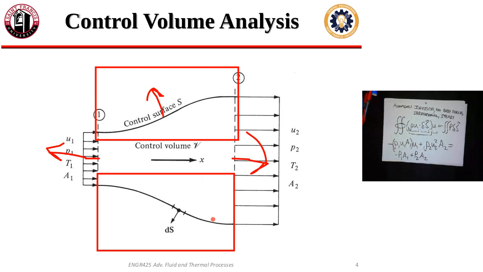There's some pressure acting on the upper and lower surfaces of the control volume as well. We don't know what that pressure is, nor do we know what the area is. So we're going to express it just as an integral from the inlet area to the outlet area of P dA. And that's our expression for conservation of momentum.